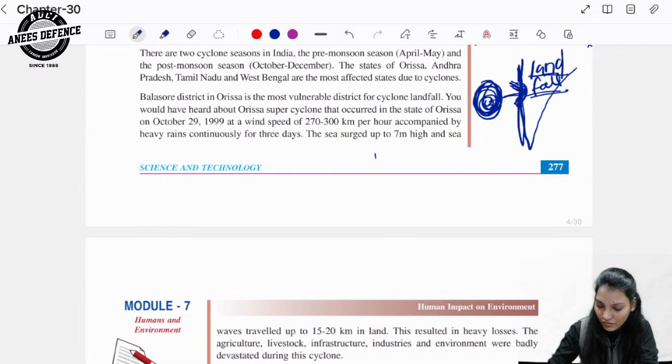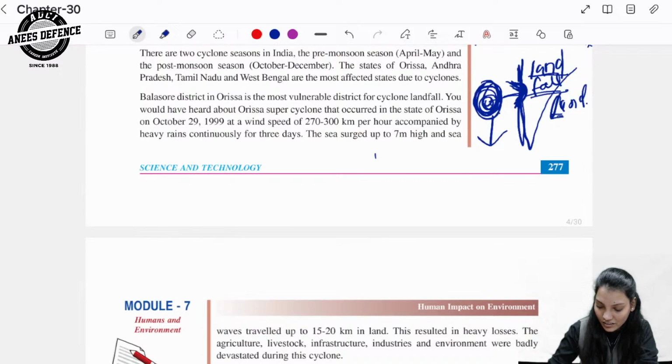Why? Because when a cyclone strikes the coastal area or land, it will no longer remain a cyclone. It will get destroyed towards the land, because for the maintenance of the cyclone, to sustain it, it needs the sea.